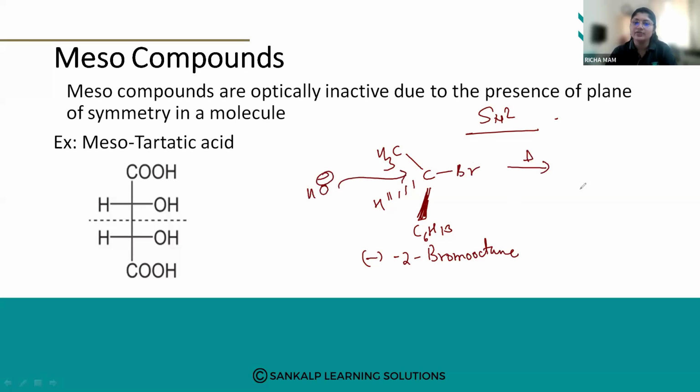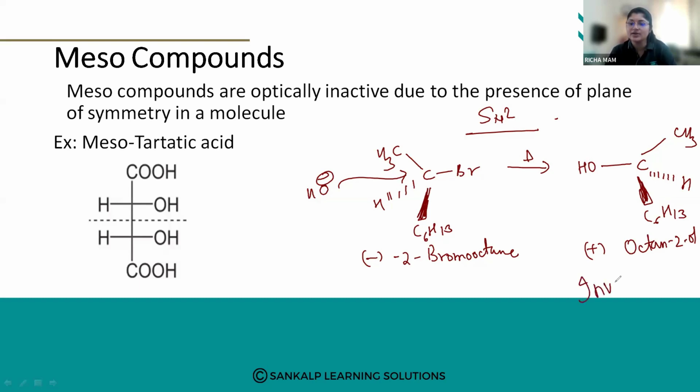The nucleophile will attack from behind and it will undergo a transition state, and then it will form your inverted product. So CH3, then this will be in plane and this will be out of plane, C6H13. So this is (+)-octan-2-ol. What is happening here? The nucleophile attack takes place from behind, at the asymmetric center, and it forms an inverted product.